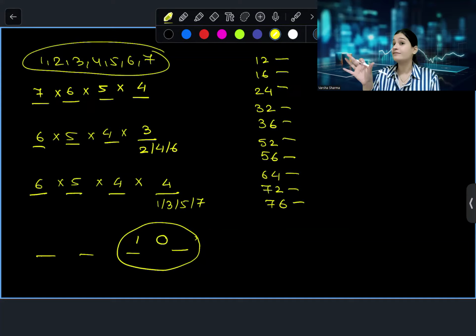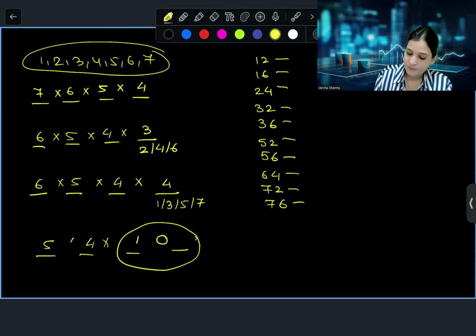I cannot think of them individually while talking about a multiple of 4 or divisibility by 4. So 10 options are there to fill the last 2 positions. One of them will be chosen. So 2 digits are gone. Out of 7, 2 digits are already used. Remaining 5 digits. So first place 5 options, then 4 options. So 5 into 4 into 10.